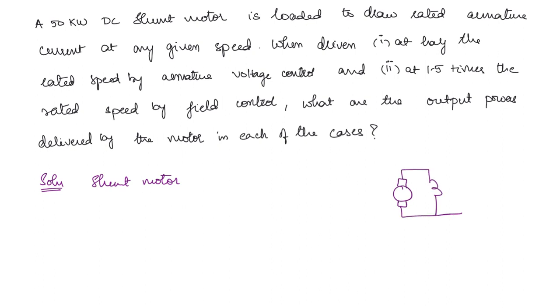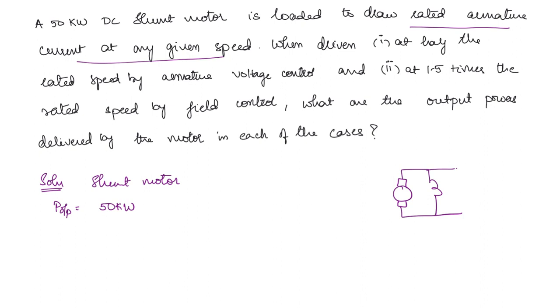Now what is the rating that is given? It is given as 50 kilowatts. So this will be the output power that it is delivering. Now what else is given? It is loaded to draw rated armature current at any given speed. That means the armature current is going to be constant with respect to speed. Okay.